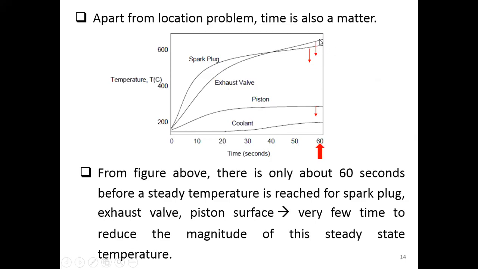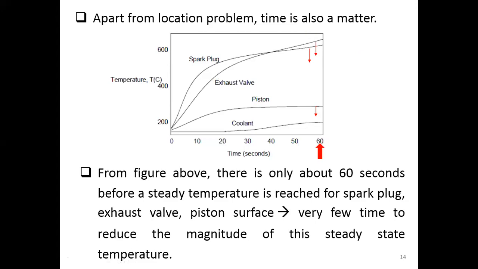So what is our job? Our job is not reducing this, but our job is to reduce this. This is what we have to consider, because after that, our engine will experience this amount of temperature as long as our engine is operating.